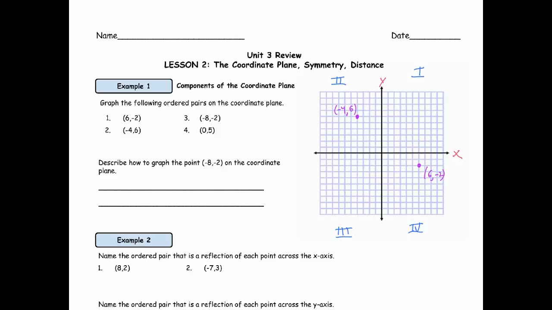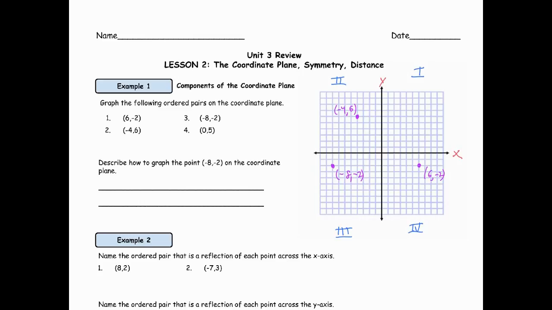Number 3, -8, -2. The x-coordinate's a -8. The y-coordinate is a -2. So from the origin, we will go to the left 8 units and then down 2 units. -8, -2.